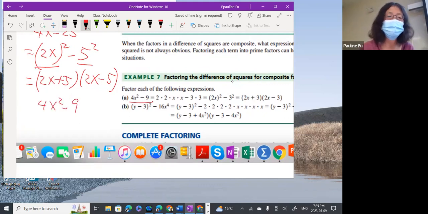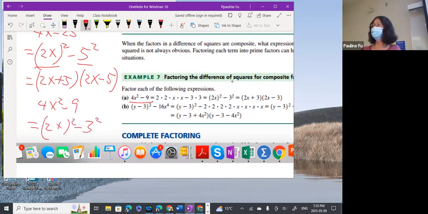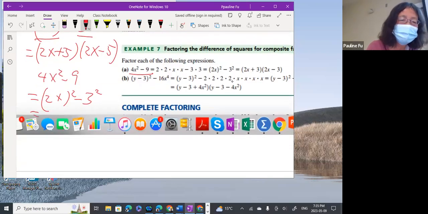So you want to produce u squared minus v squared. Okay, always go to u squared minus v squared. And then the result is u plus v times u minus v.